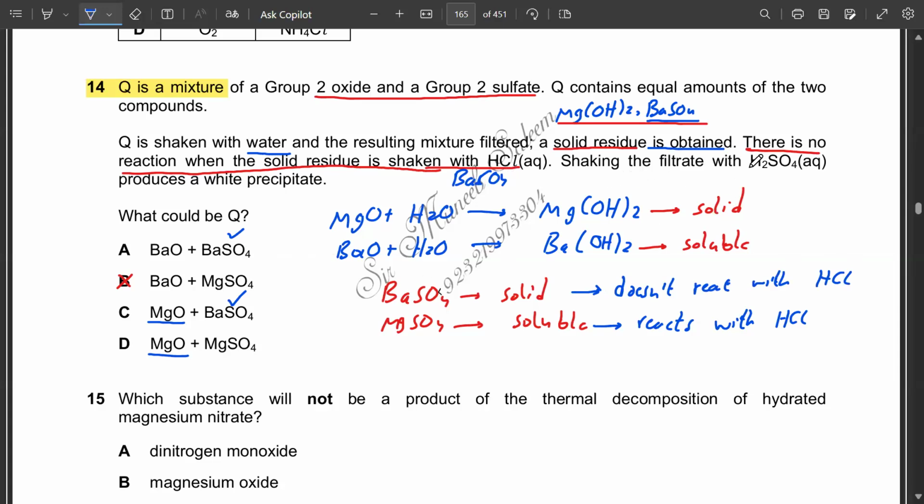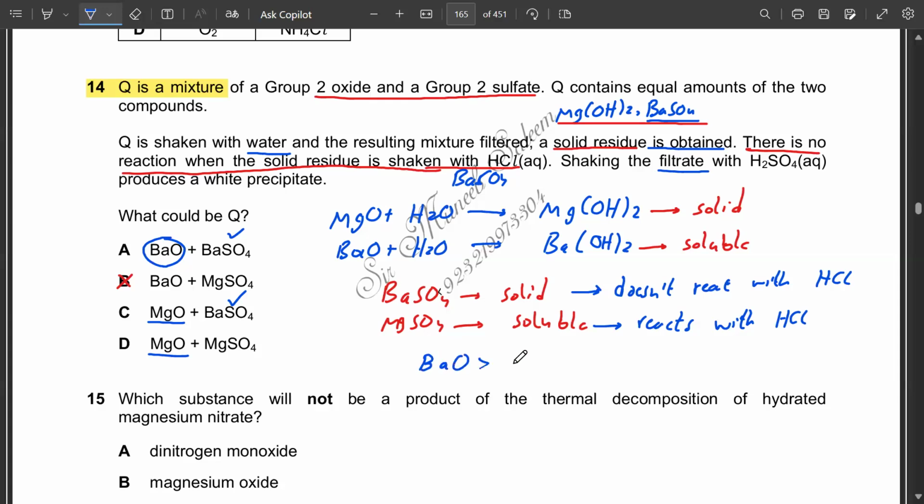Now the last is shaking the filtrate with sulfuric acid produces a white precipitate. Shaking the filtrate means the one which was soluble, which was not present in the residue. Instead, it went through the filter paper. So that is called filtrate. So the one which passes through the filter paper and does not become a solid could be barium hydroxide, which is more soluble than magnesium hydroxide.